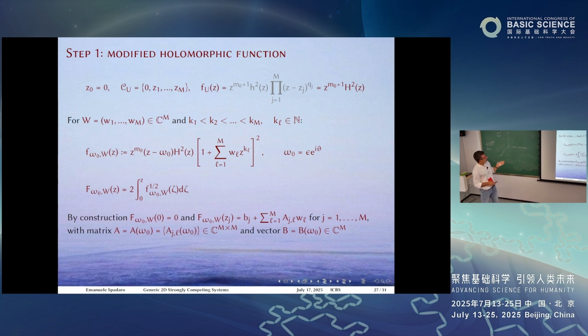So we take our ops differential, and then we write the usual Weierstrass representation formula. So the multiplicity of the polynomial where we have the zeros, the finite zeros, plus a holomorphic function which is not 0. And then we modify this ops differential in this way.